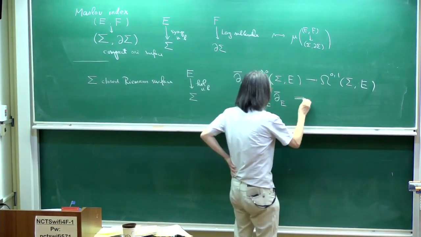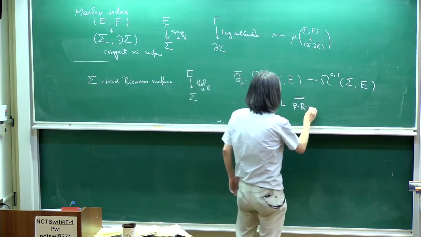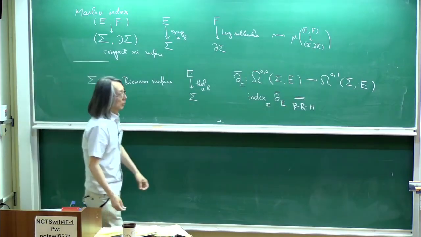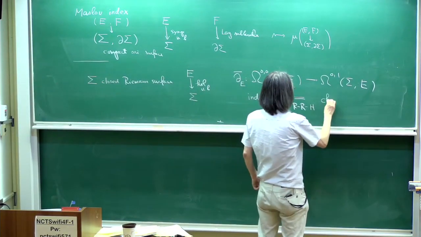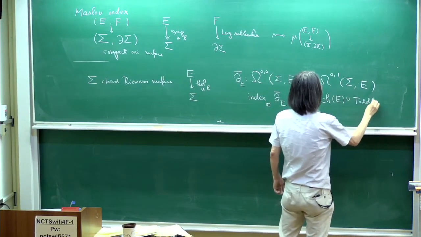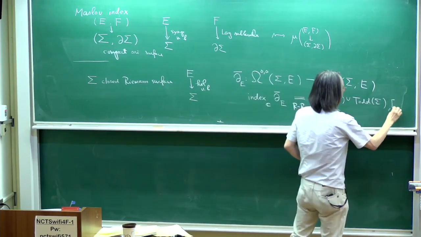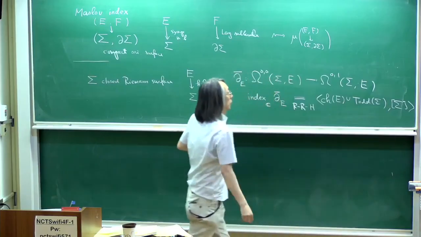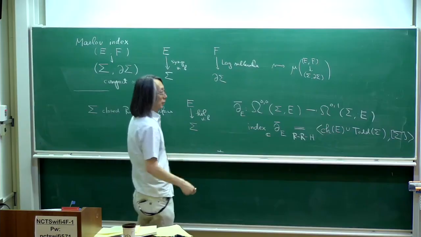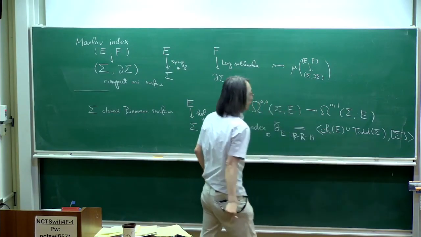So this is the so-called Riemann-Roch theorem, which in higher dimension people also call the Riemann-Roch theorem. So this is the Chern character of E, cup product with the Todd class of sigma, and then evaluate with this sigma. But for a Riemann surface, we have cohomology only in degrees 0, 1, 2, and they are all even degrees.